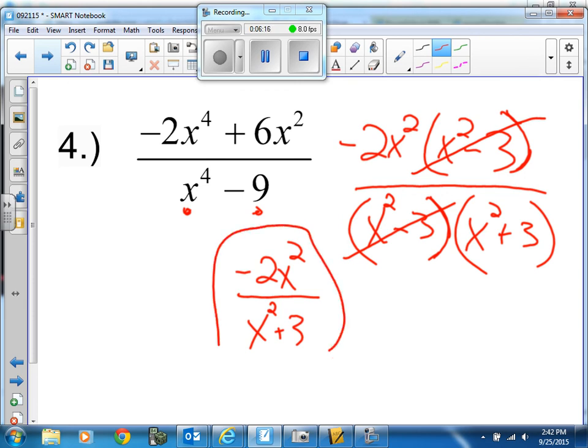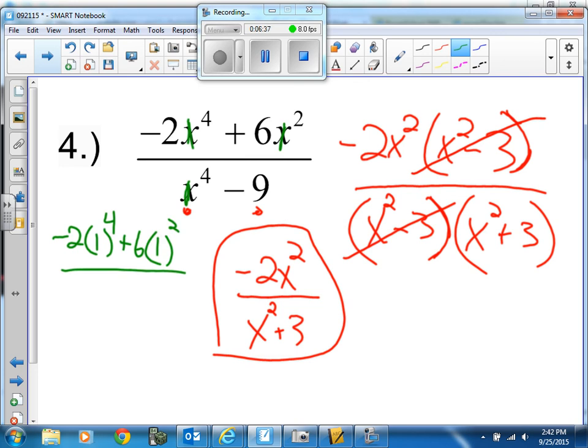And again, I will check to see if I plug in 1 to my original. So x equals 1. You could use any number. I just choose 1 because it's easy to work with. If I did that, I get negative 2 times 1 to the 4th plus 6 times 1 squared all over 1 to the 4th minus 9.